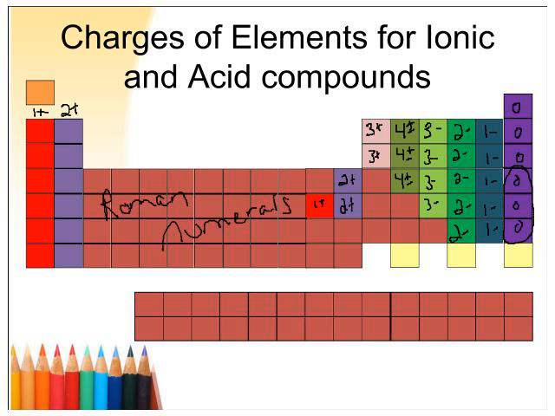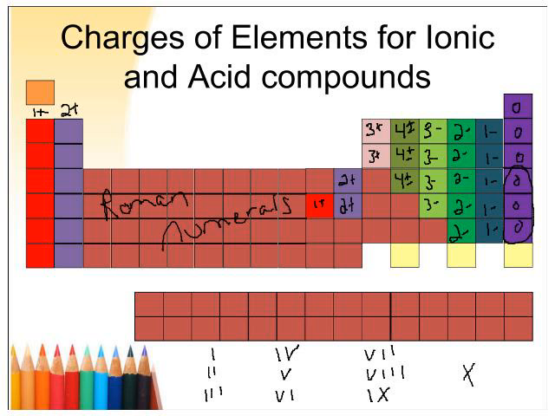So, to go through, this is a Roman numeral 1, that's a 2, that's a 3, 4, 5, 6, 7, 8, 9, and 10, though we really don't get up that high. I believe the highest one we'll ever come across is manganese 7.